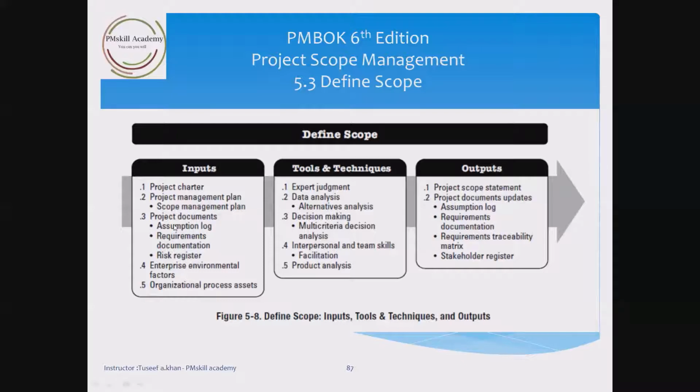Also, we will use some project documents: assumption logs, requirement documentation, and risk register. And the common things, enterprise environmental factors and organizational process assets, will always be used as input in define scope and other processes.